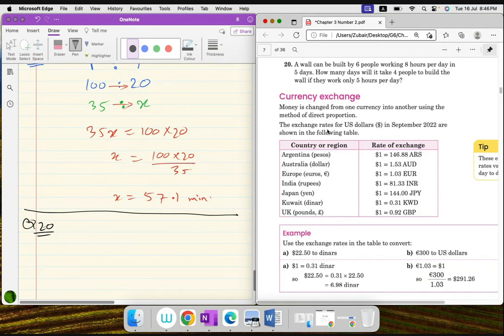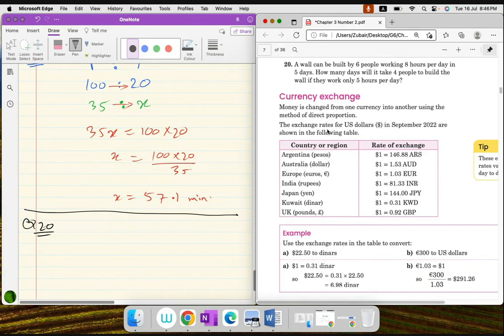So basically, you will either be given a chart, or you will just be given the conversion in the question. The first example says use the exchange rate in the table to convert $22.5 to dinars.